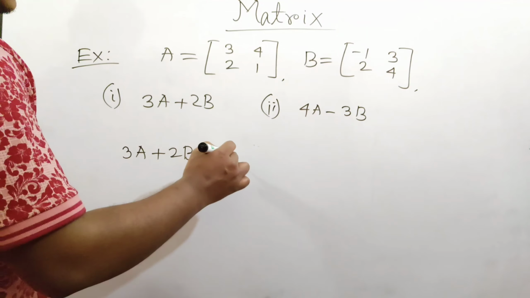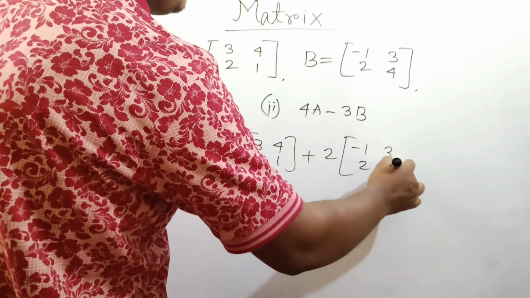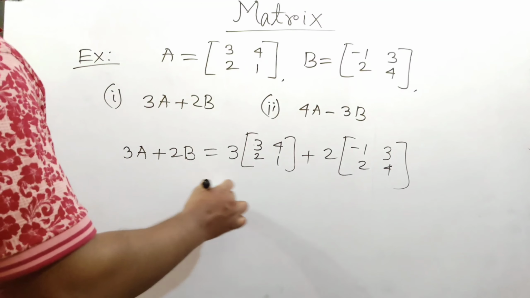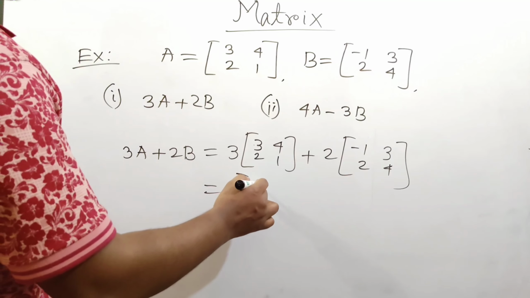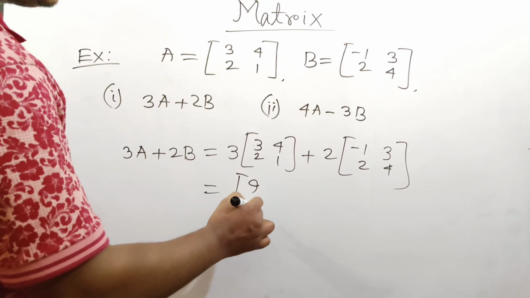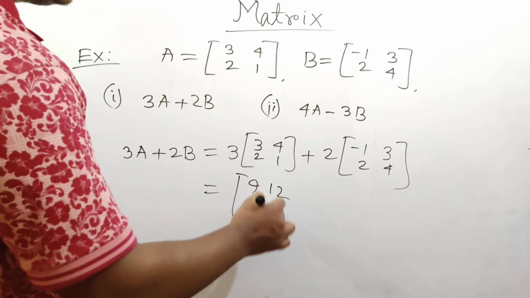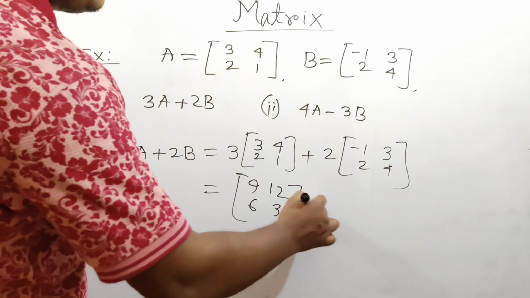There is 3 multiple matrix A, that is 3 2 4 1, plus 2 multiple matrix B, that is negative 1 2 3 and 4. If you do the multiplication, 3 3s are 9, 3 2s are 6, 3 4s are 12, 3 1s are 3, plus 2 negative 1, that is negative 2, 2 2s are 4, 2 3s are 6, and 2 4s are 8.